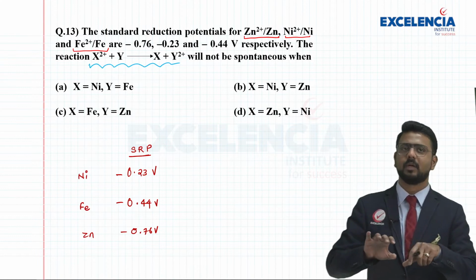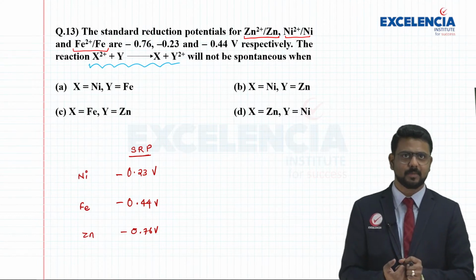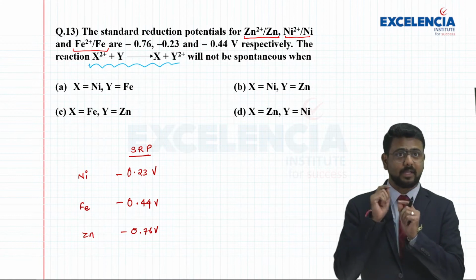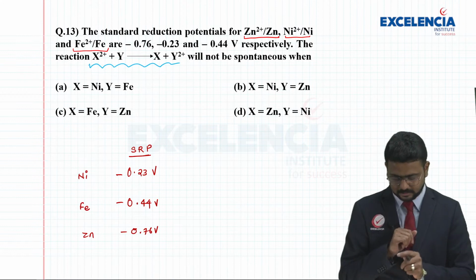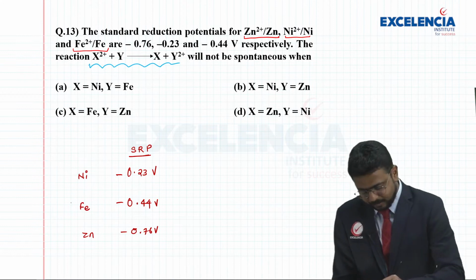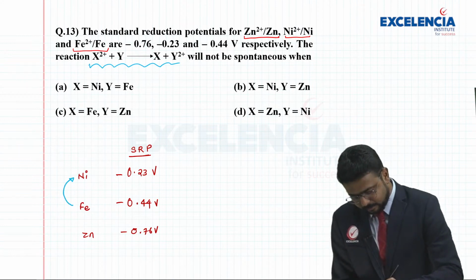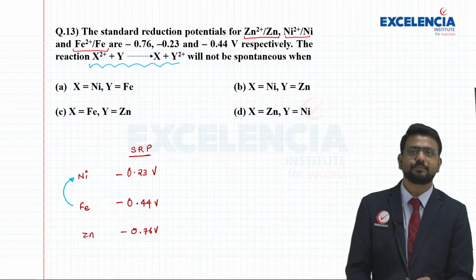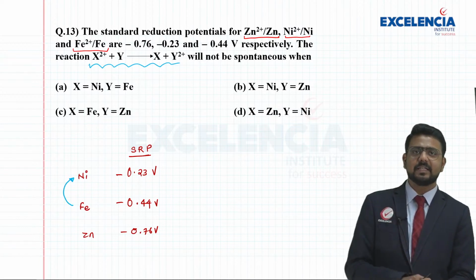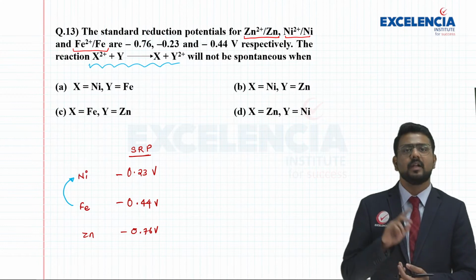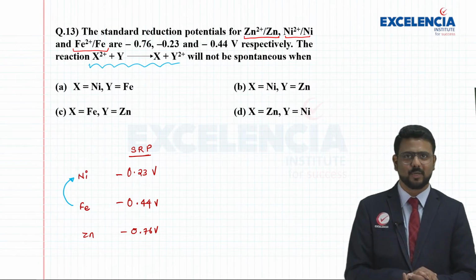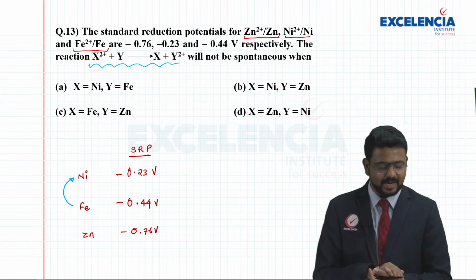This is in general a hypothetical reaction which has been given to us, right? So here what they are saying is this reaction will not be spontaneous. In what cases? Now first thing is very much clear, that Fe will be able to displace Ni2 plus, yes or no? So if X is your Ni2 plus and Y is Fe, definitely this reaction is possible, okay. So option A cannot be the answer.